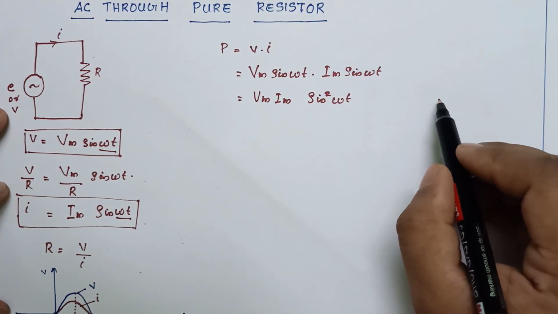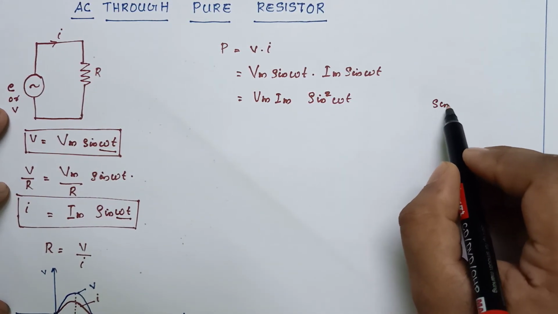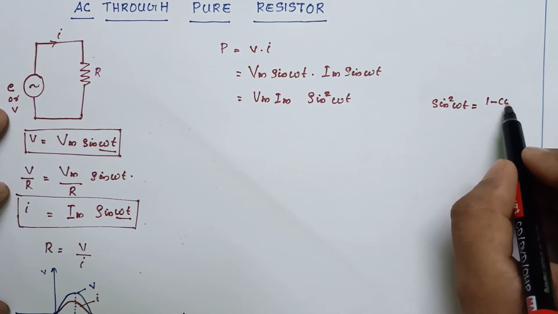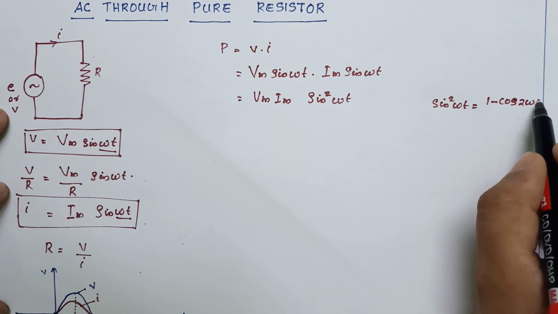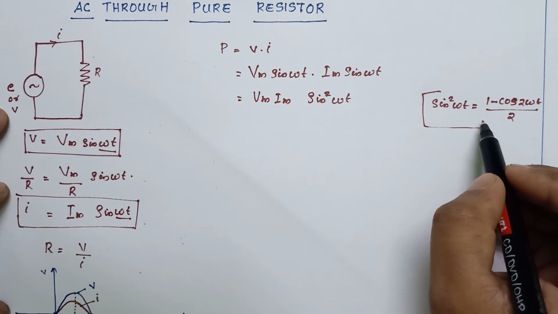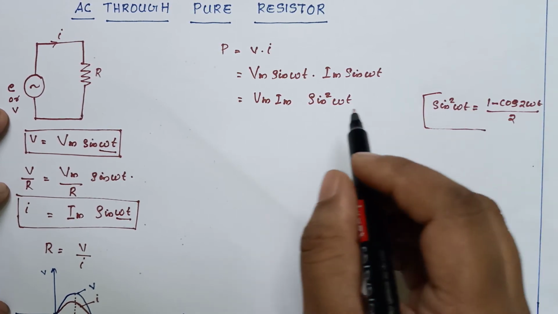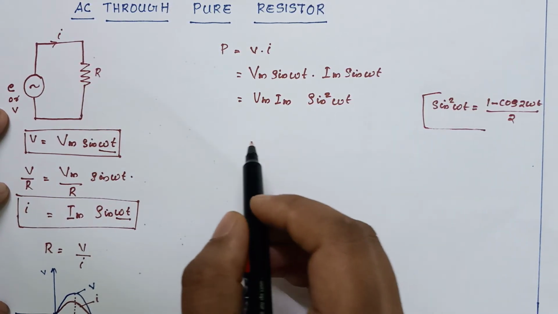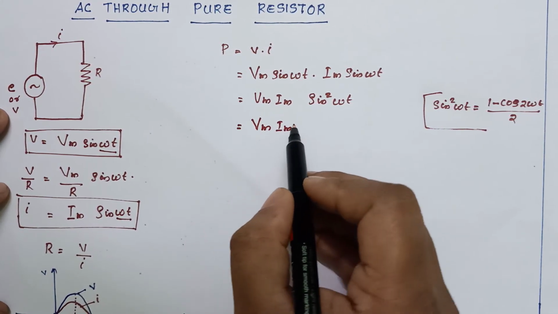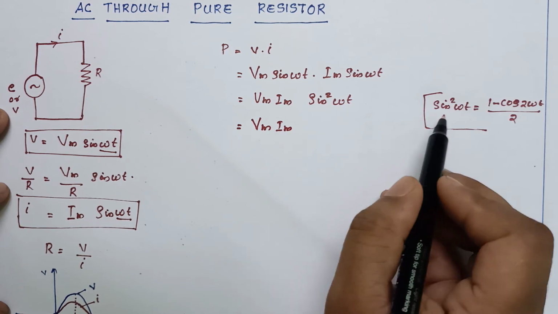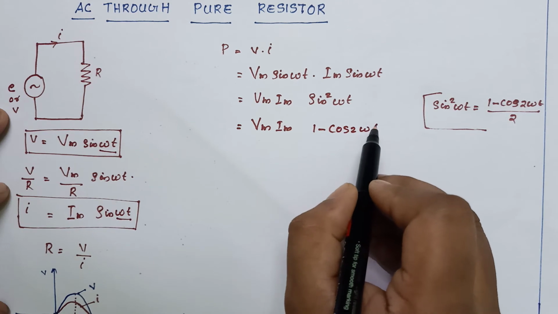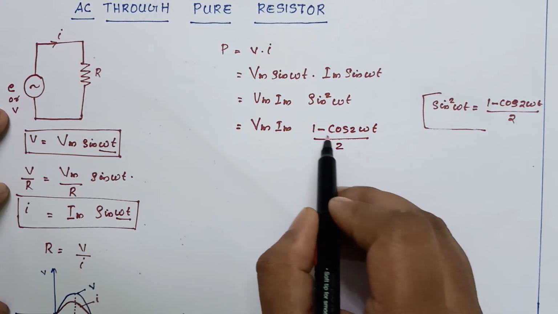And there is an equation for sin square omega t: sin square omega t is equal to (1 minus cos 2 omega t) by 2. We can use this equation instead of sin square omega t. So in the next stage, Vm Im sin square omega t will be Vm Im times (1 minus cos 2 omega t) by 2.